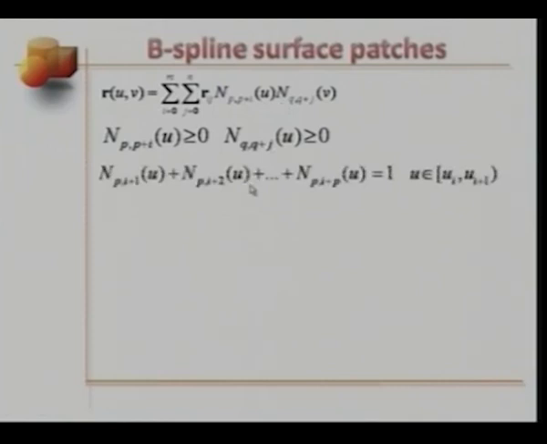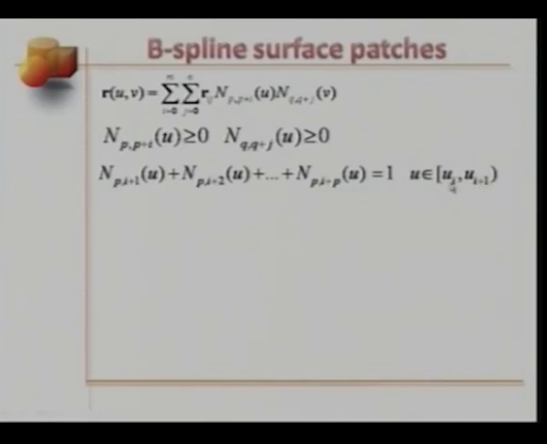Further, from our discussion on B-spline basis functions and segments, we know that p of these order p basis splines sum to 1. That is, N_{p,i+1} of U plus N_{p,i+2} of U up till N_{p,i+p} of U is equal to 1 for values of U belonging to the interval between u_i and u_{i+1}.